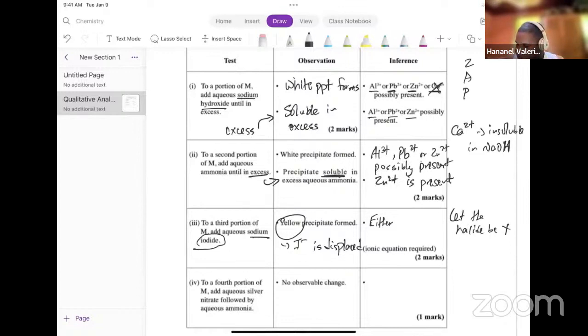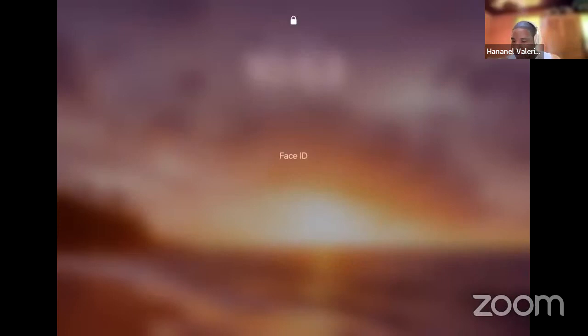It's either chlorine or bromine, okay? Either chlorine or bromine. And you would put that the ionic equation here would be that you will have essentially, well, I write the full equation before the ionic equation.